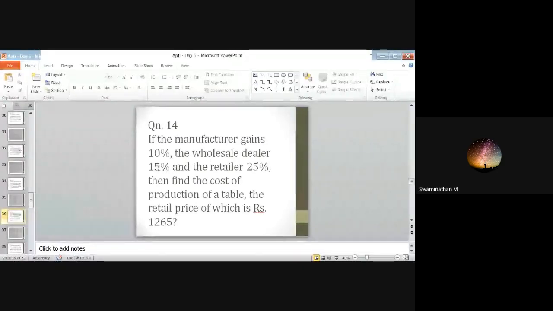So it is x into 110 by 100 into 115 by 100 into 125 by 100. So you have to multiply. No, not 24,000. If the cost of production is 24,000, how come the retail price will be 1,265?